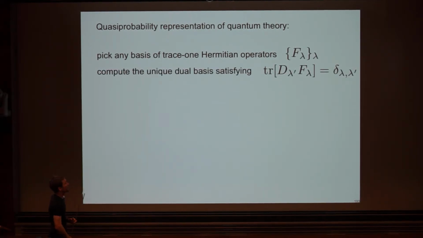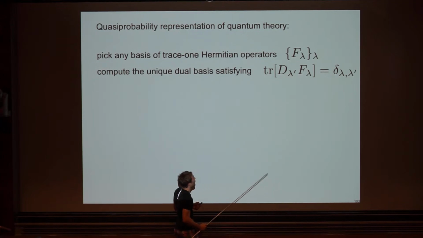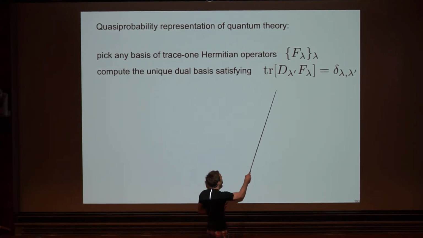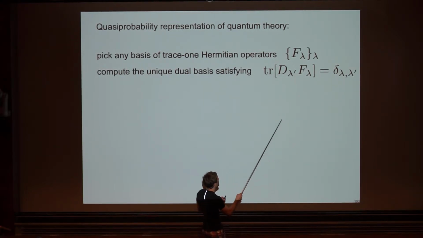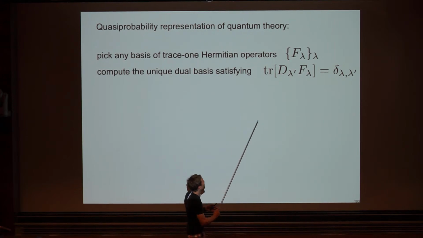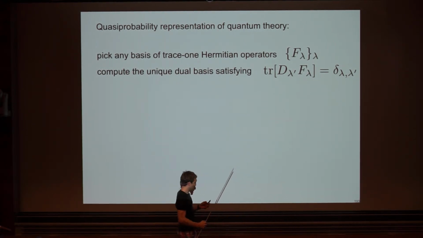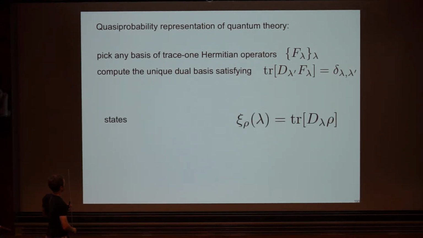You take that basis and you compute the unique dual basis satisfying this property, which I said follows from invertibility. It turns out that this basis is always unique. There's always some single set of d lambda operators which satisfies this property with respect to the f operators. And people sometimes call these the frame operators, and this is the dual frame operators, which is why they're f and d, and maybe I'll use that language as well.